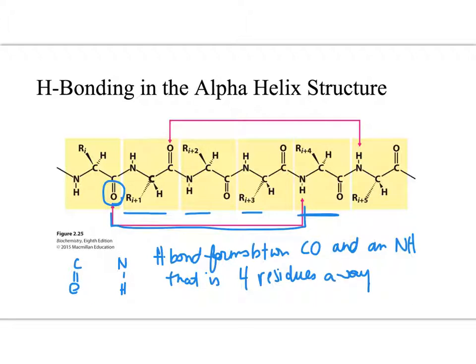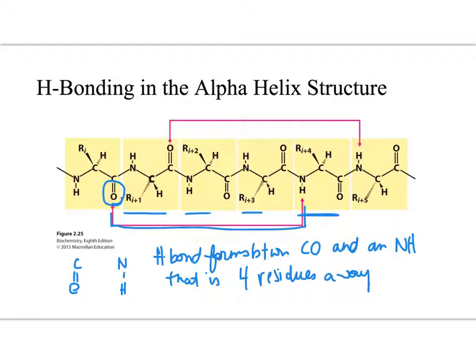And the rise is 1.5 angstroms along the axis of the helix. And each rotation is 100 degrees. Now that rotation, that 100 degrees, represents 3.6 residues per turn. The pitch, which we talked about, will represent 1 complete turn. And that pitch is equal to the rise times the residues per turn.